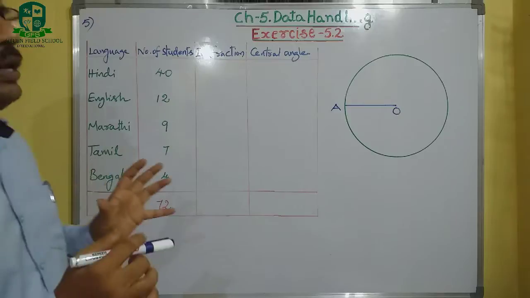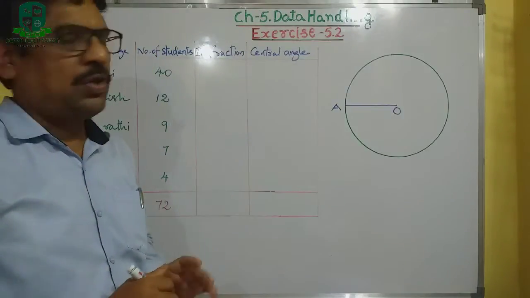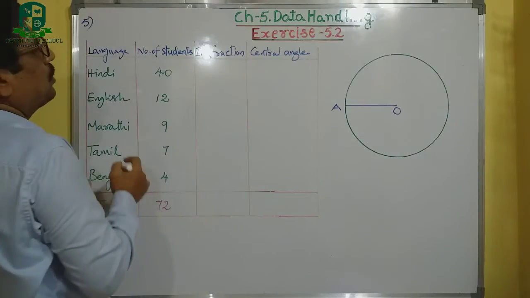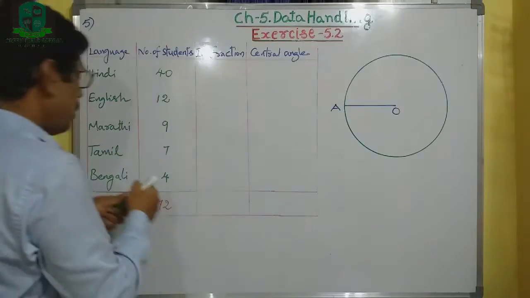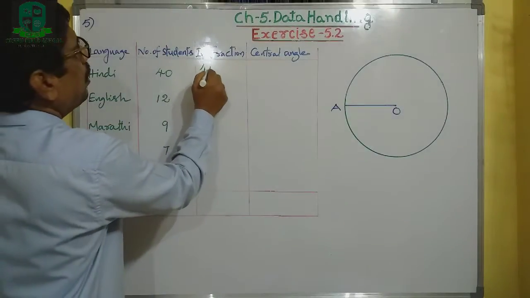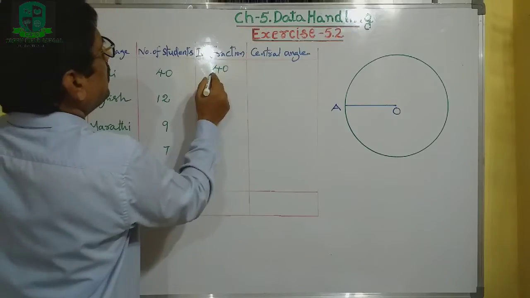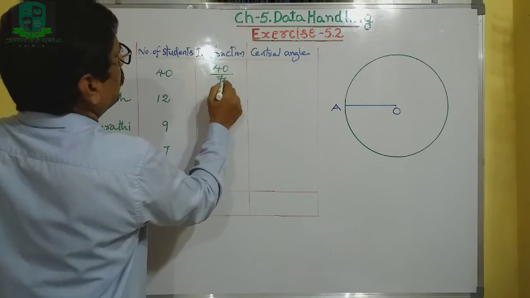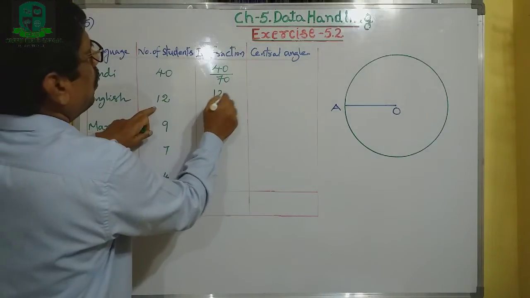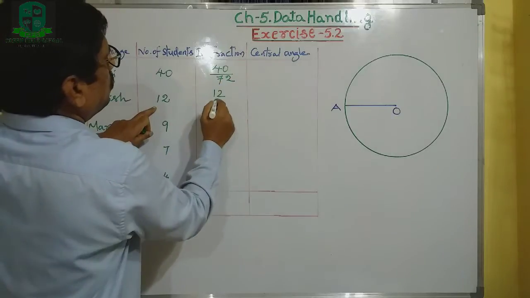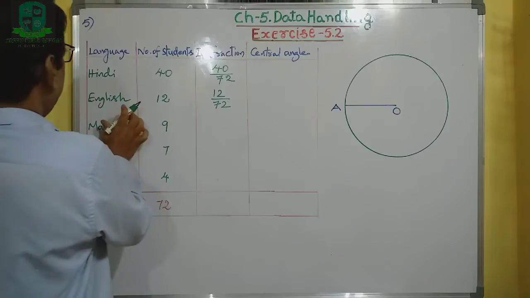Now let us prepare the central angles for the given values. The first one is 40 out of 72. 40 people out of 72 are speaking Hindi. Next, English: 12 students out of 72 are speaking English.